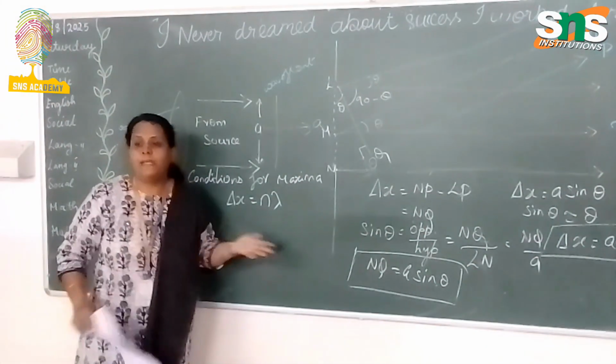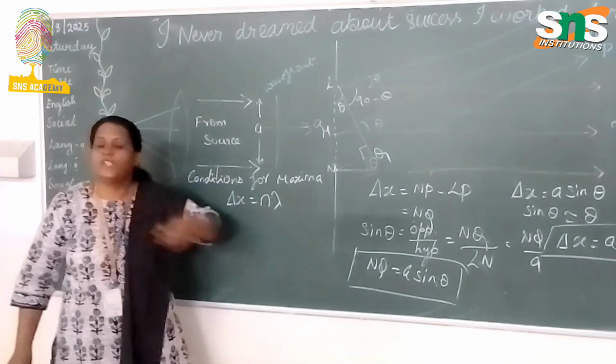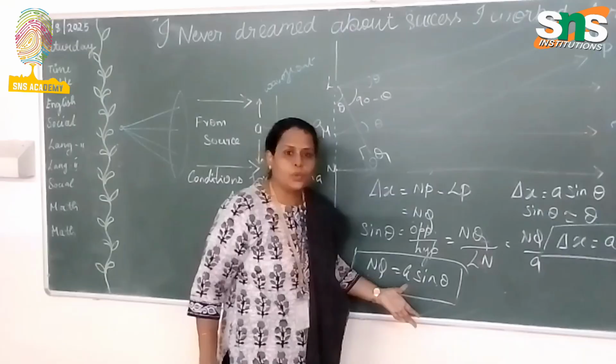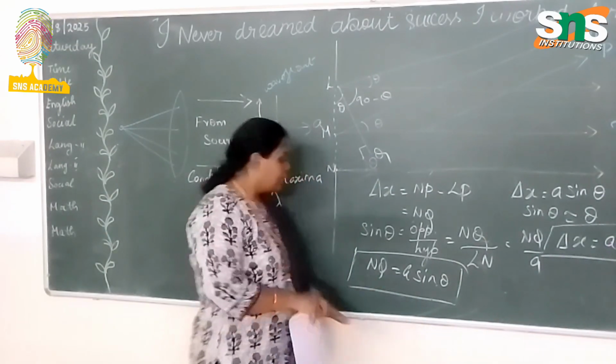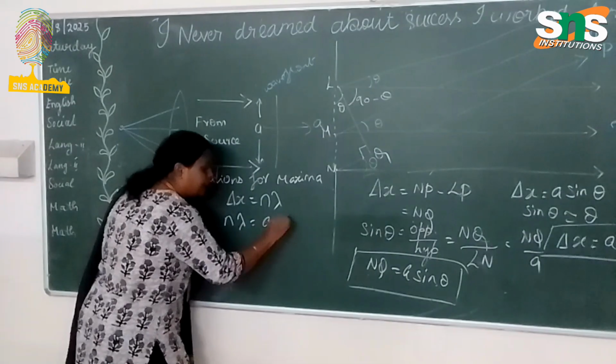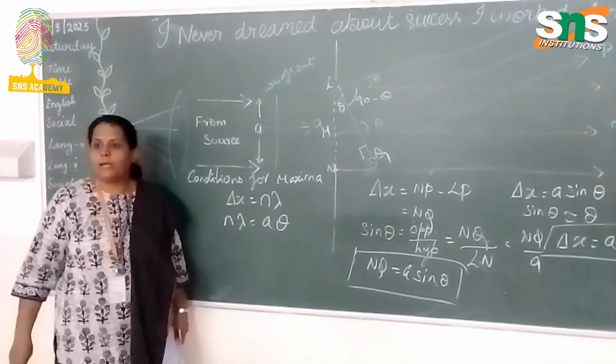Can I equate my general equation for constructive interference to my particular case for this diffraction? Yes. So my n lambda will be equal to a theta.